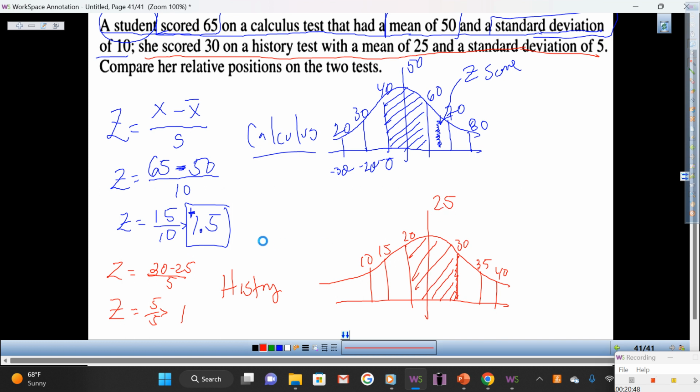So what can we conclude from both of these? What would you say? Talk it over with your neighbor. What would you say in regards to the Z-score over here, their position in class according to calculus, and their position in class according to history? All right.